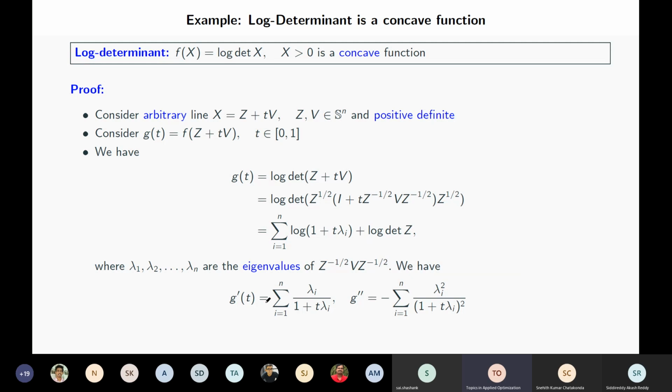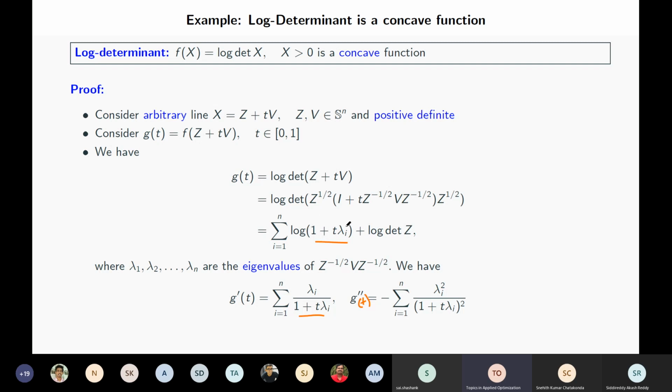So we can do g prime t now. So we differentiate this with respect to t because we have to prove that g as a function of t is convex. So we take the first derivative. So this will be 1 by 1 plus t lambda I. And then by the chain rule, inside you have to do the derivative.